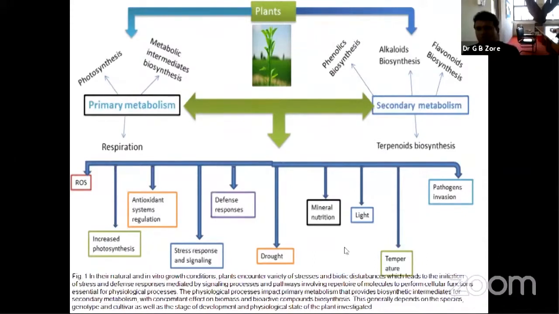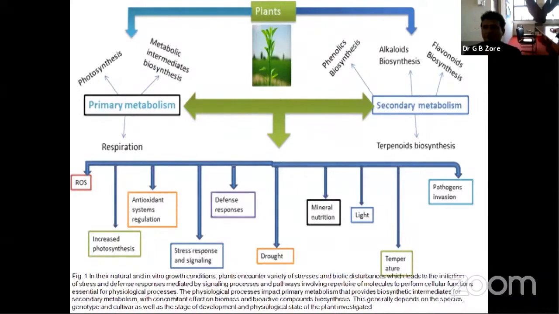So it can be considered a storehouse of structurally diverse molecules, and that structural diversity enables these molecules to have different pharmacological activities.